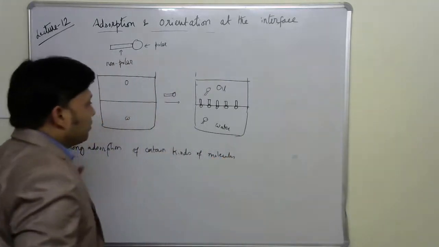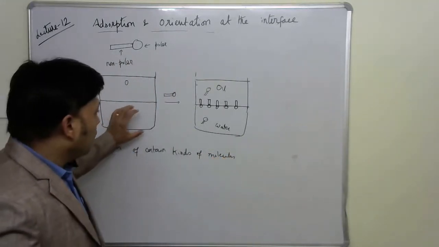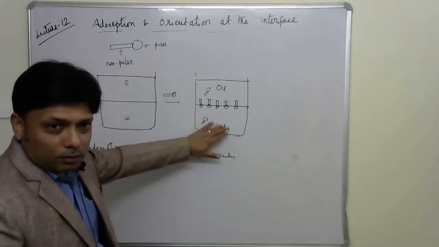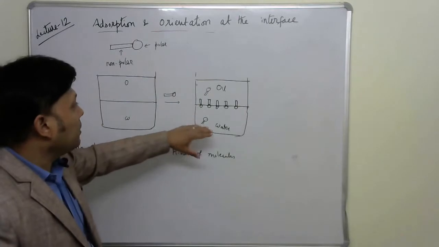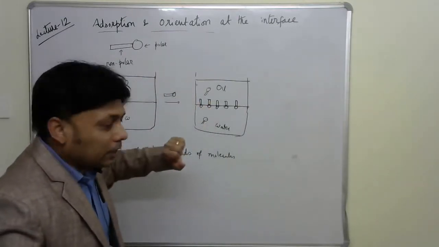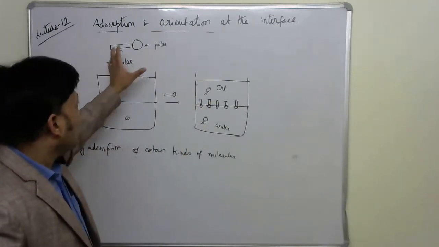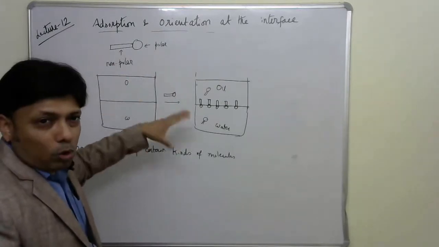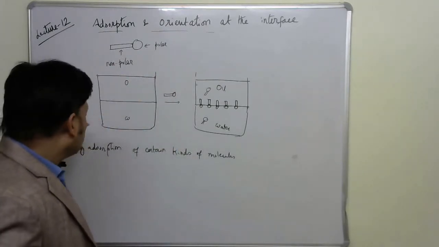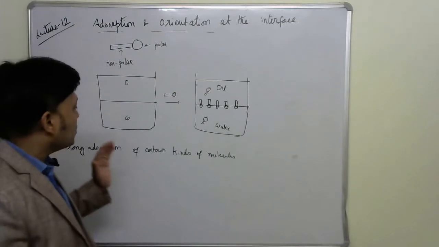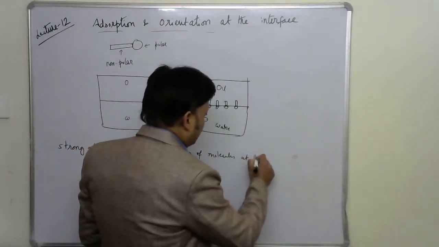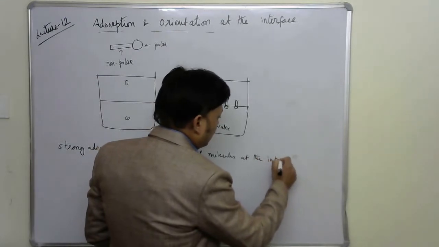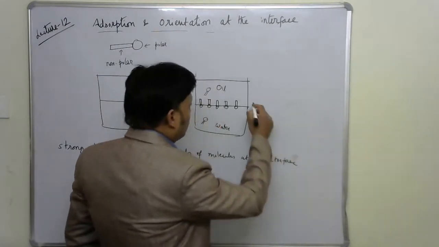For example, if it is a pure polar molecule, we would expect it to be in the water totally. And if it is a non-polar molecule, we would expect it to go into the oil phase totally. But whenever it has both properties, polar and non-polar, we would expect a strong adsorption of these molecules at the interface. Okay, a situation like that.